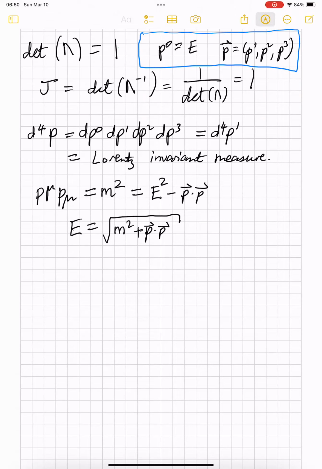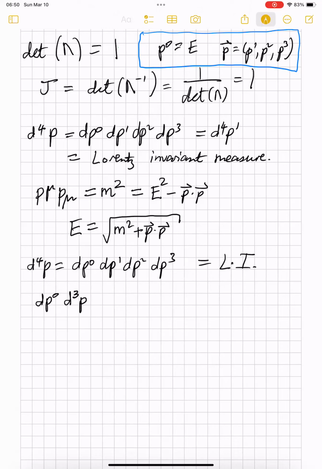So let's start from d⁴p, which is dp⁰ dp¹ dp² dp³. This is definitely Lorentz invariant. Now, let's take this measure. I'm going to write it as dp⁰ d³p, so d³p is just dp¹ dp² dp³.